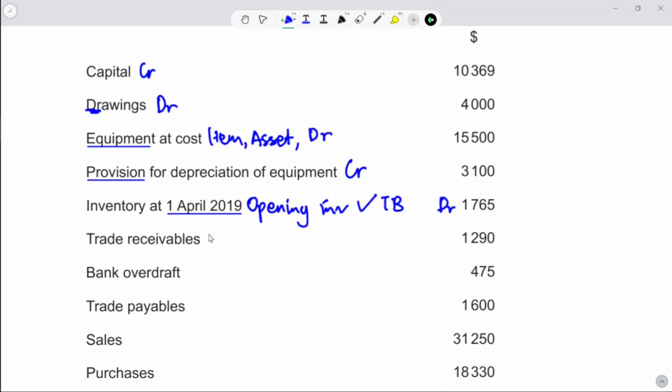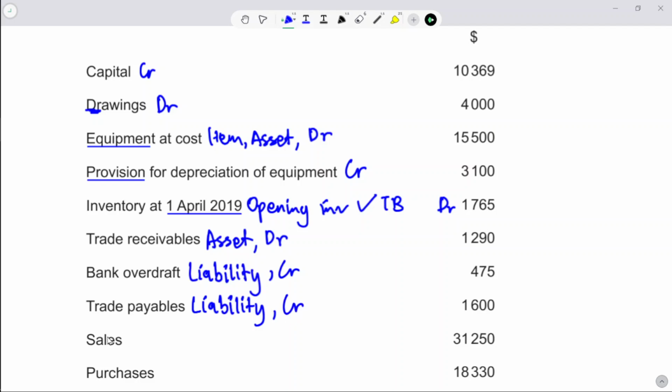Trade receivable is an asset, so it's debit. Bank overdraft is a liability, so we credit. Trade payable is a liability, so we credit. Sales is an income, so we credit. Purchases is an expense, so we debit.